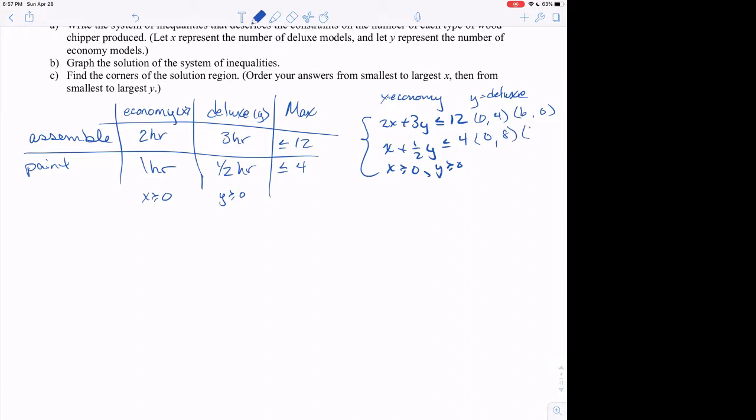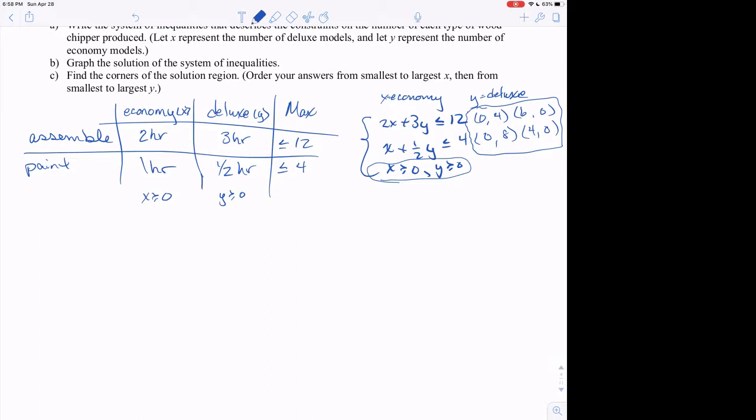If y is 0, we have 4. Okay? And think about it this way. These 4 points that we have right here are the intersection of these two lines with x and y greater than or equal to 0.